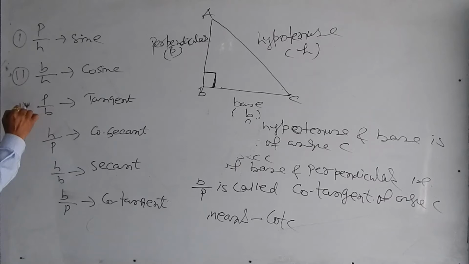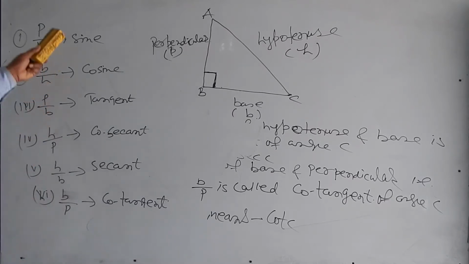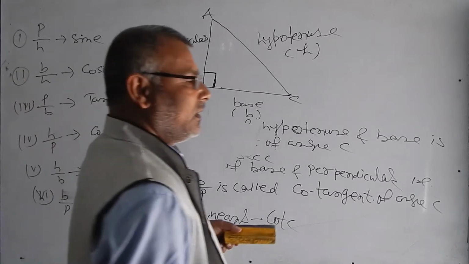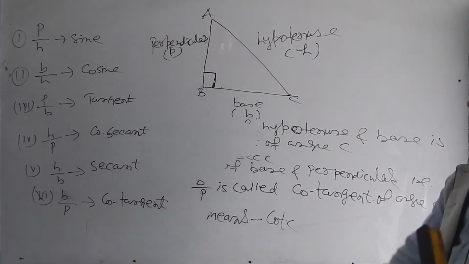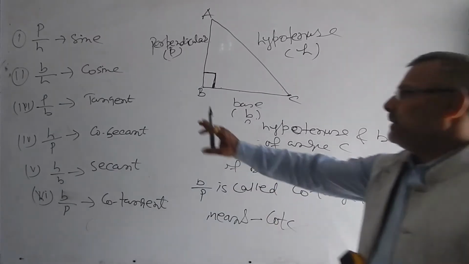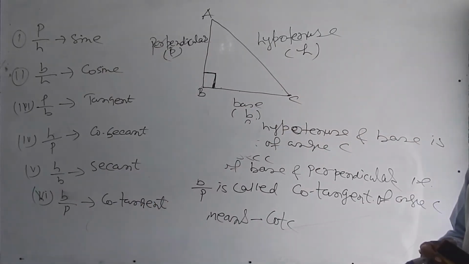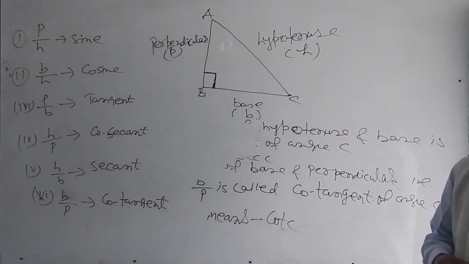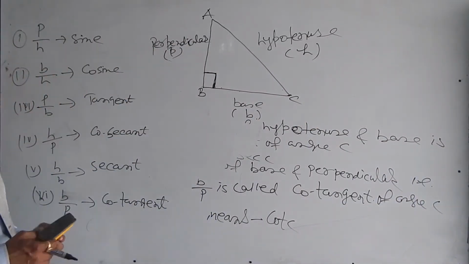And these 6 ratios we must learn in trigonometry as a formula. Everywhere we use this symbol, and some Latin words also we use in trigonometry.